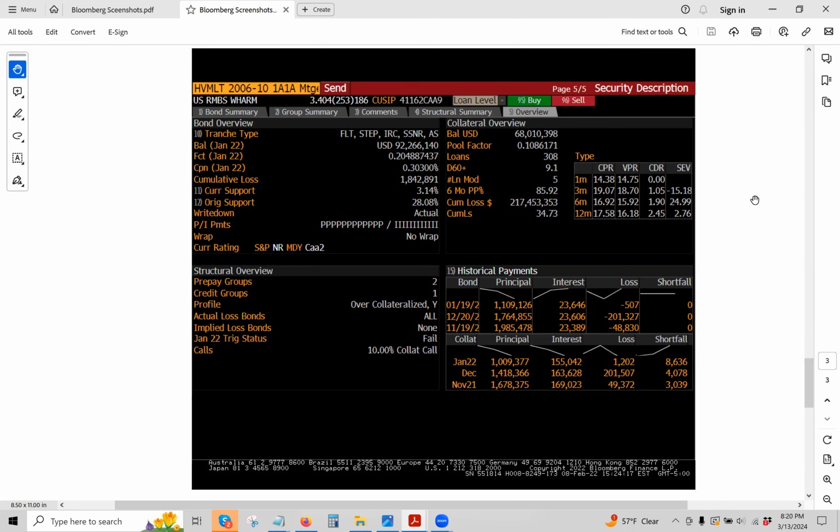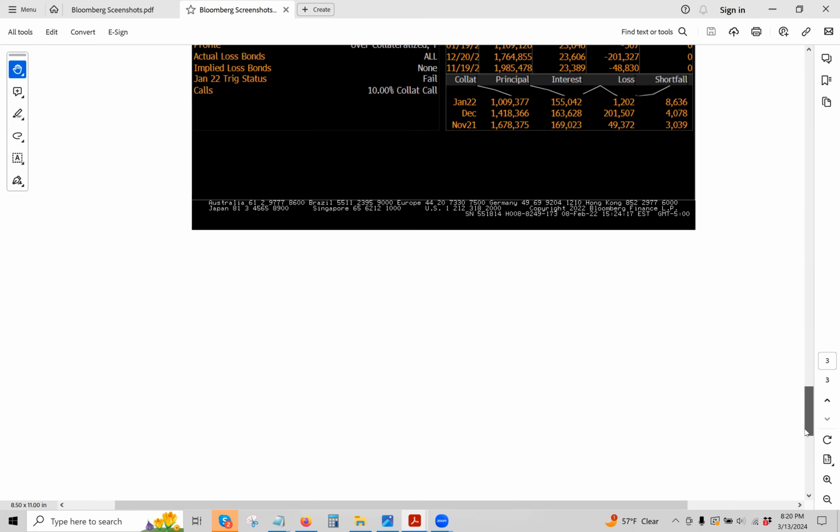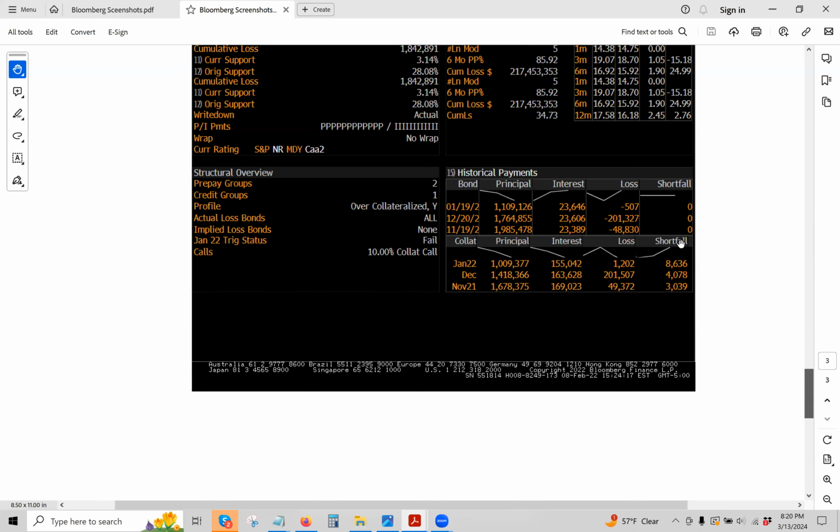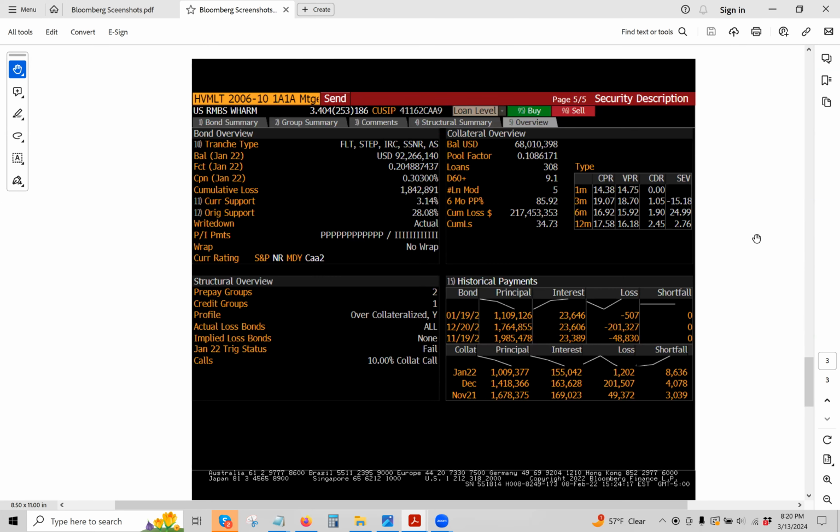So again, it's just different figures for each trust. You'll see different figures, different balances. Really, when you're looking at this information, it gives you the information about the securitization trust. It gives you the information about the balances and the ratings and what type of loans are in there. And that's good as a person who is learning and trying to find different information about different trusts.